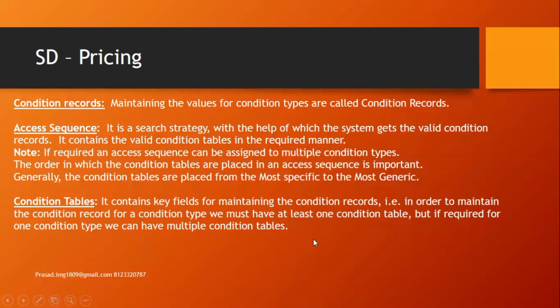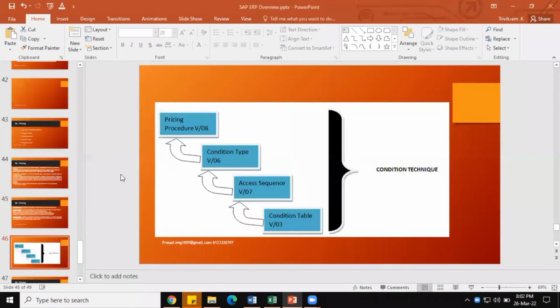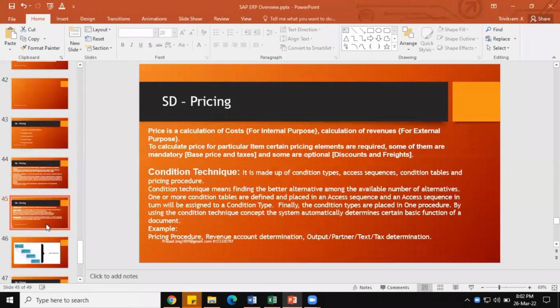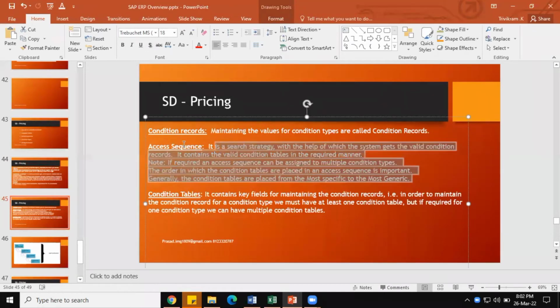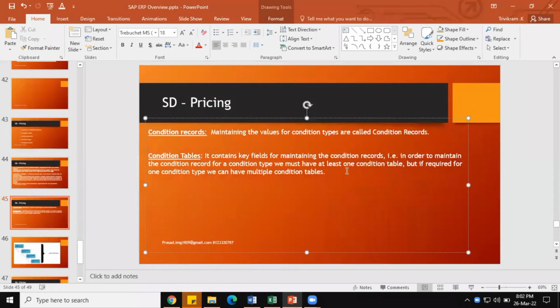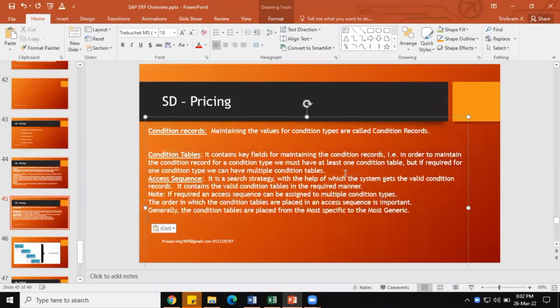For example, for PR00, the base price, we maintain one record using transaction code VK11, the pricing conditions master, which we are going to see. So first come condition tables, followed by access sequences, and then condition records.